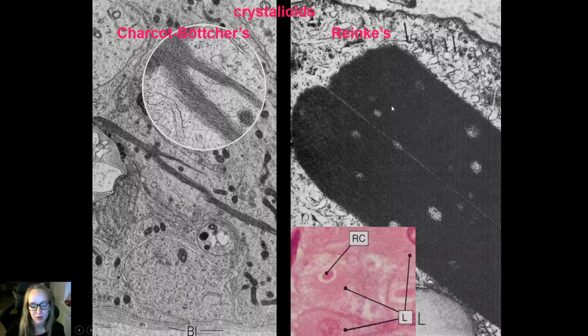These are examples of inclusions made of proteins. They do not have a membrane around. Really, we do not know what they are for, but they are in the cells which you are going to learn about. They're very typical for them, but we do not know why they're there.